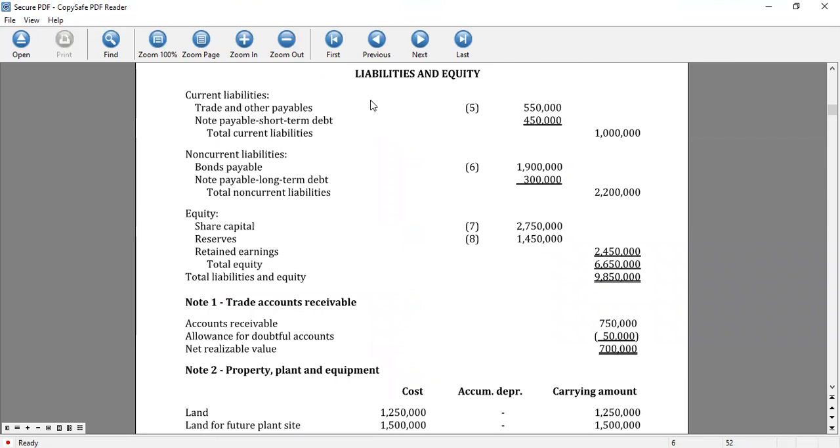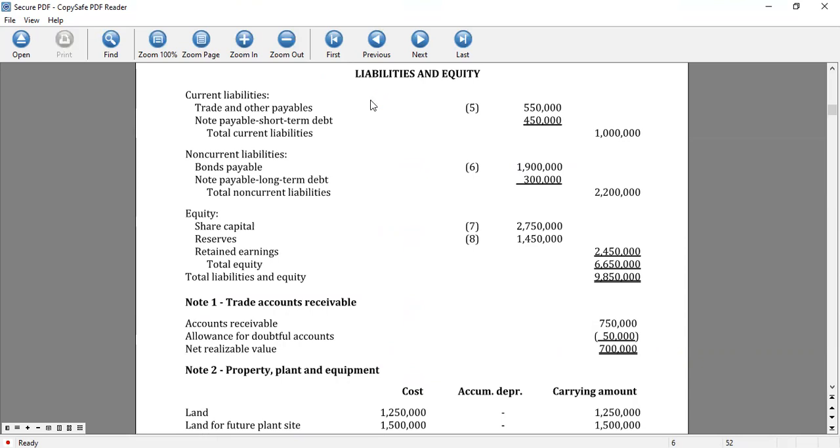Still part of the current liabilities is the short-term debt. Notes payable, it's given, it's a debt. In other words, we did not include it in trade and other payables because it's not a trade payable, but it is a short-term debt. So the notes payable short term is still a current liability.